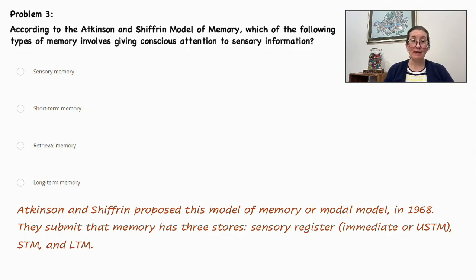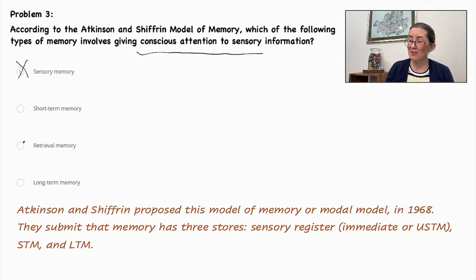Sensory memory, and that's that immediate sensory response. And that is not the answer because we've got conscious attention to sensory information. Now we're going to look at retrieval memory, and this isn't part of the model. Retrieval memory is akin to looking for and finding an old file in your computer and retrieving it.